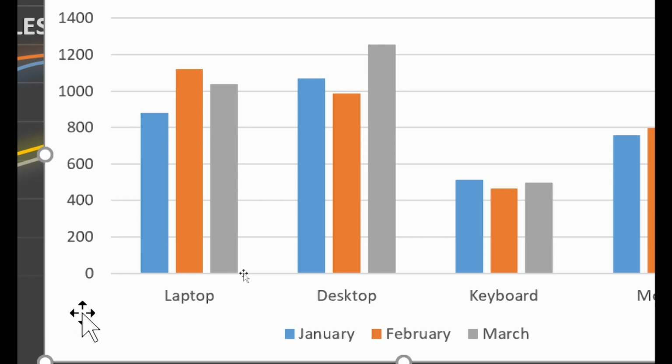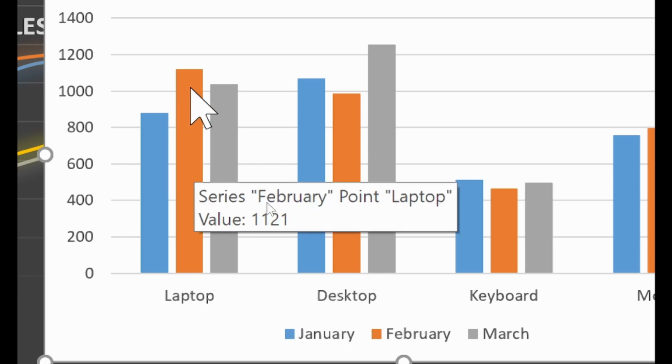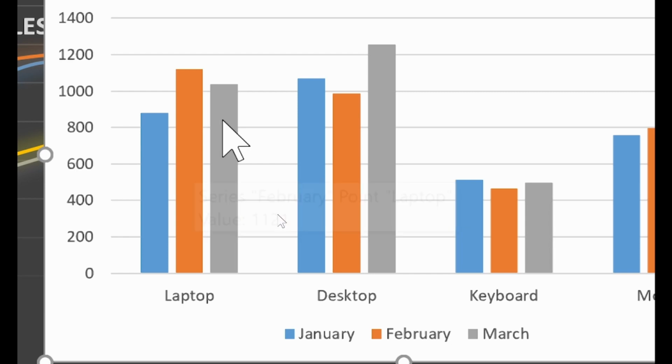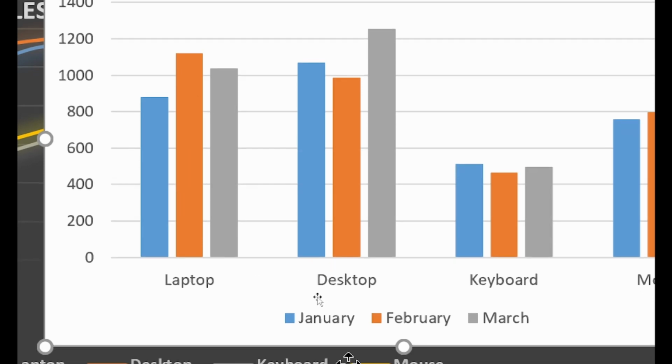All right. So you can see that for just laptop, in January the sales was not too much, but February we had a good performance, and then in March it dropped a little. So based on the 3 variables we have here, we have the January, February, March.